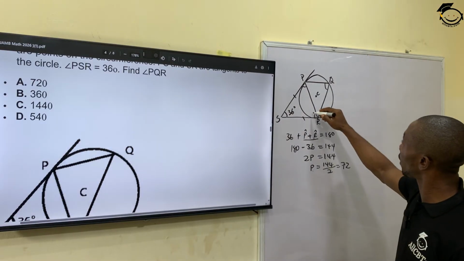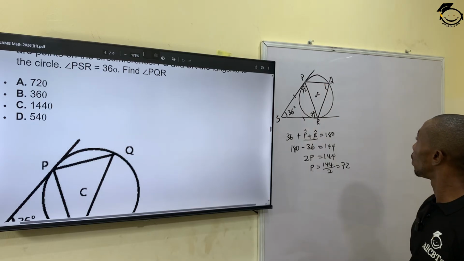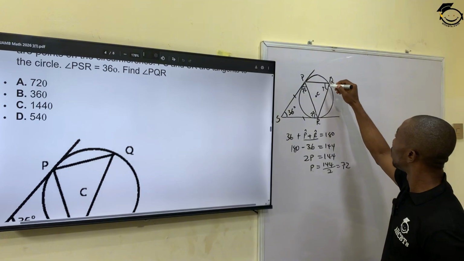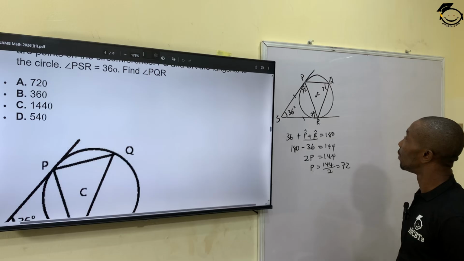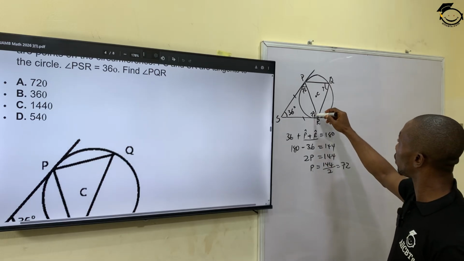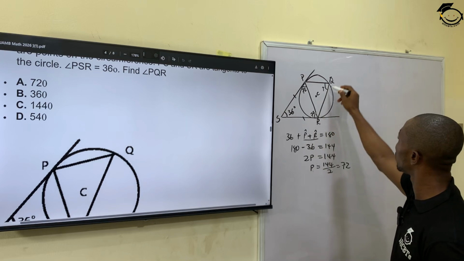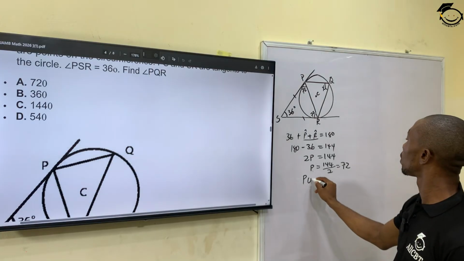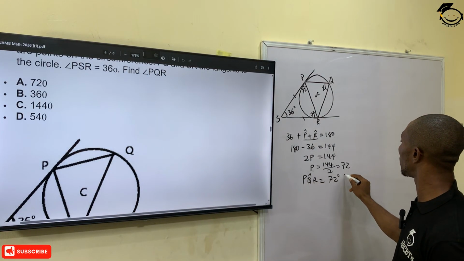Knowing that here is 72 and here is 72, for us to find this, we apply the law of angles in alternate segments. Considering this tangent SR, our angle PQR will become 72 degrees.